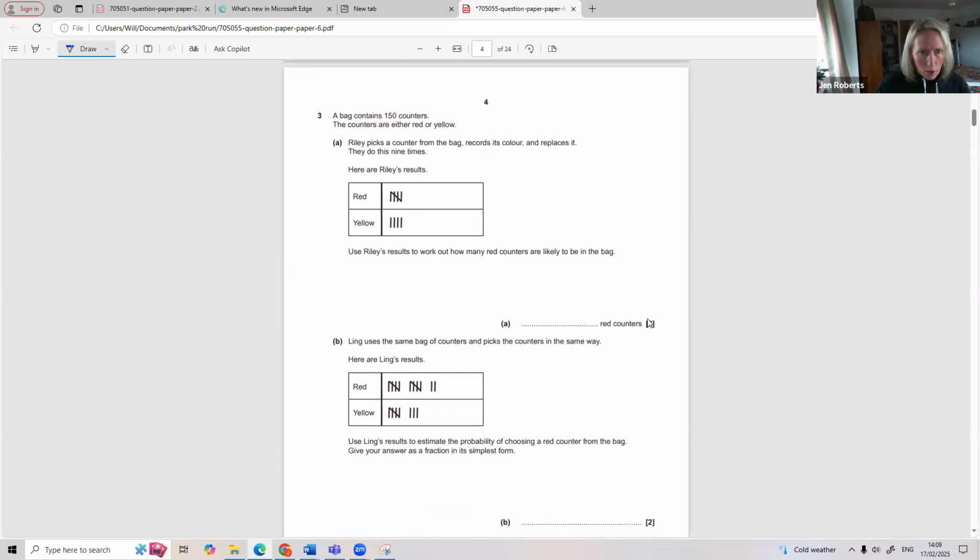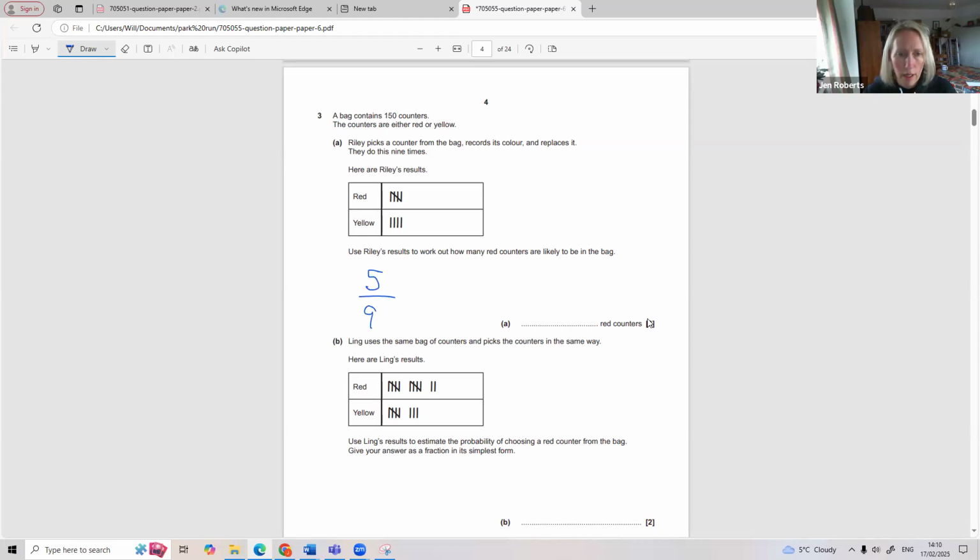There you got a probability question, relative frequency. Bag contains 150 counters. Counters are either red or yellow. Riley picks up a counter from the bag, records its colour, and replaces it. They do this 9 times. Use Riley's results to work out how many red counters are likely to be in the bag. So we're going to look at his relative frequency from his results, which gives the probability of choosing a red counter, 5 out of 9.